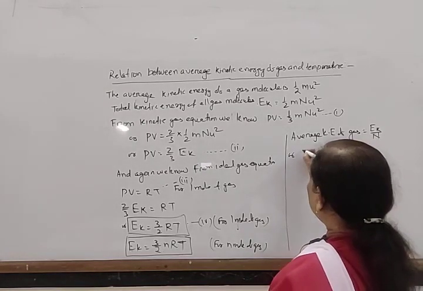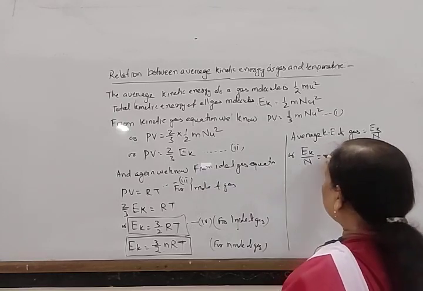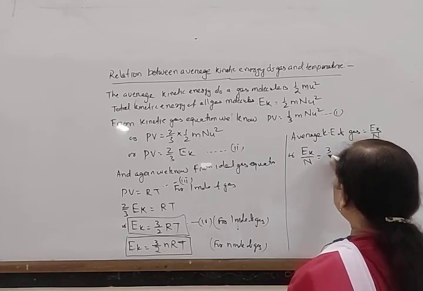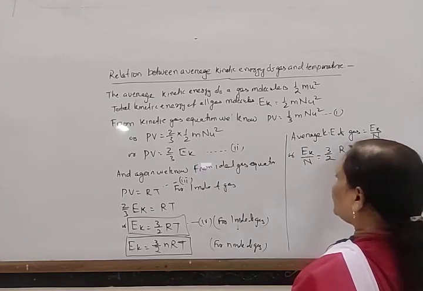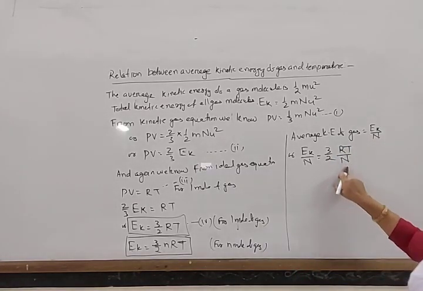Ek by N is equal to 3 by 2 RT by N, where N is Avogadro's number and R is the universal gas constant.